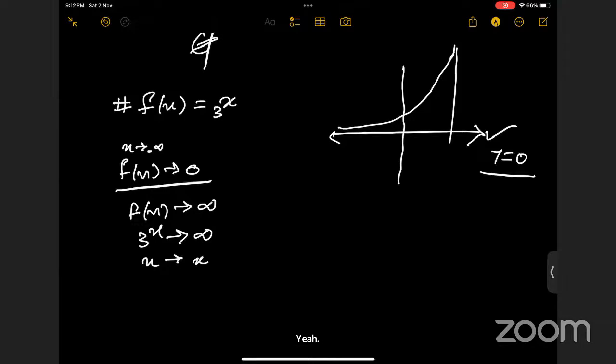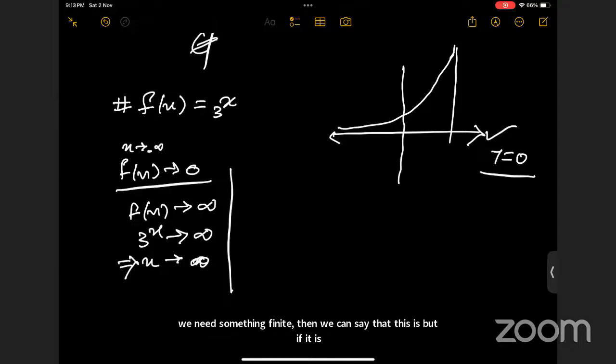So is the vertical asymptote x tending to infinity? No, because this is not something finite. We need some finite value; if it is finite, then we can say this is an asymptote. But if it is not finite, then there is no asymptote.